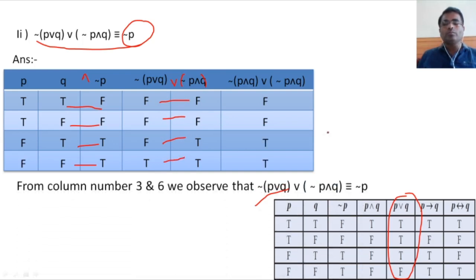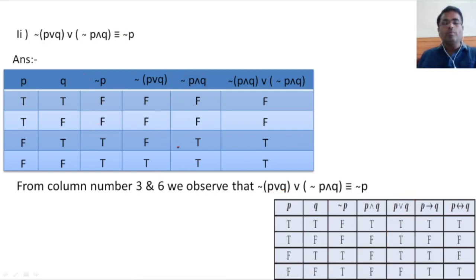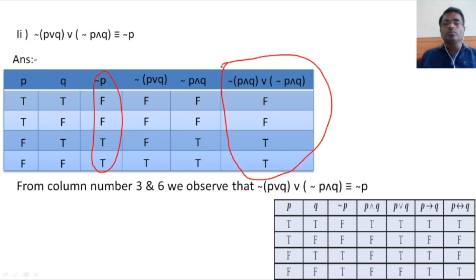So here we have true. And therefore, by column number 3, which is this one, false, false, true, true, and column number 6, which is this one, false, false, true, true, it is clear that their truth values are identical. Therefore, these given two statement patterns are logically equivalent.